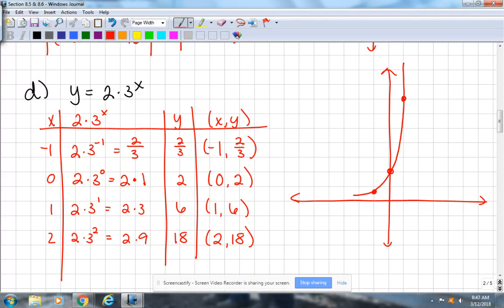Draw your curve. Now this one shoots up really quickly. It's steeper than the very first one we did that looks the same way. Why do you think this one's steeper? What about this equation made it steeper?